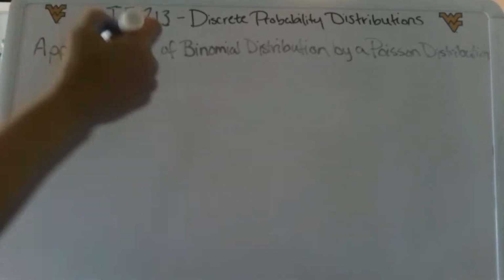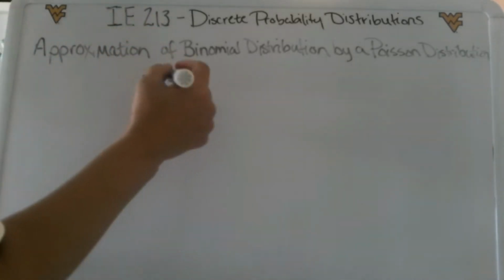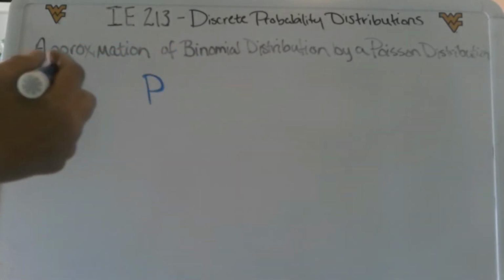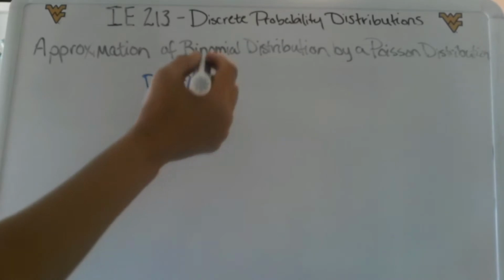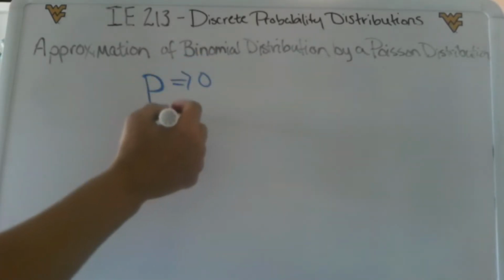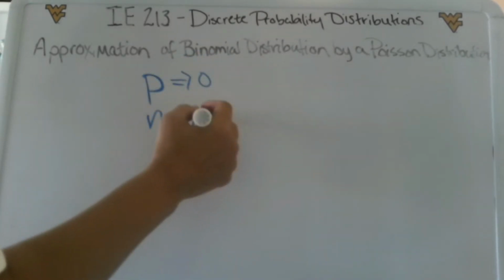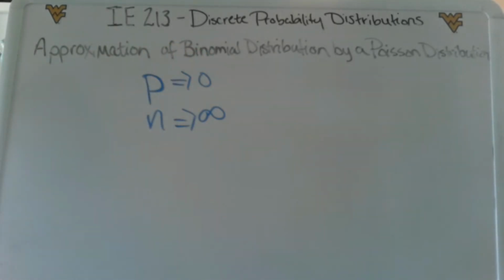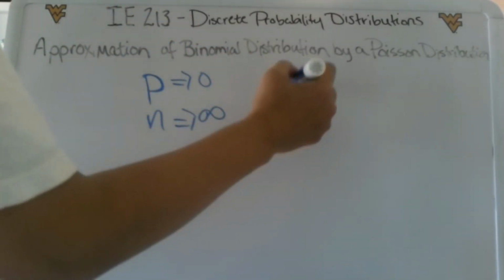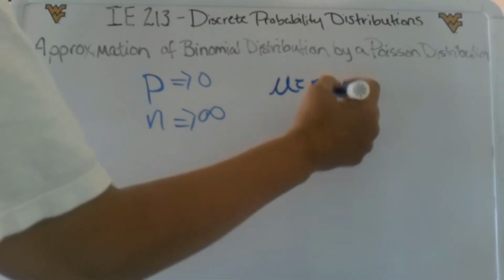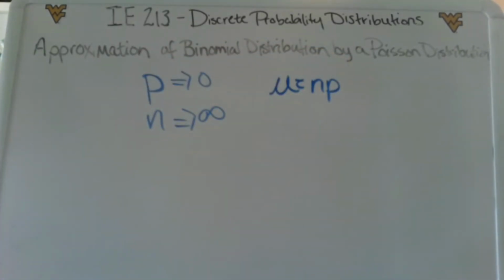So if p is small, so if p approaches 0 and n is large, so n is approaching infinity, the Poisson distribution can be used with mu equal to np to approximate binomial probabilities.